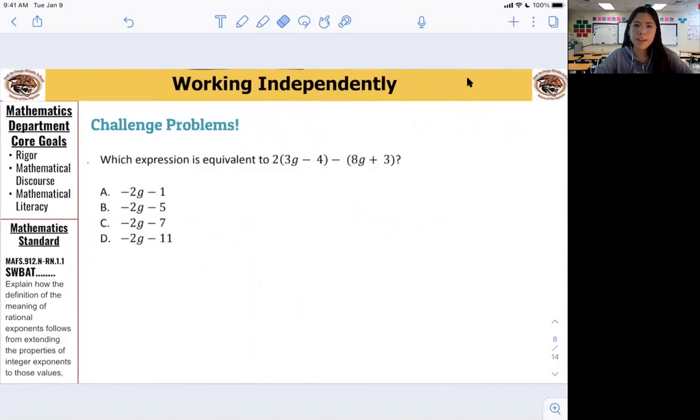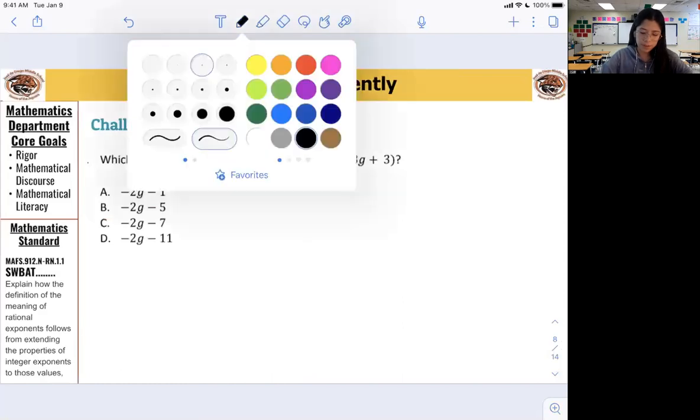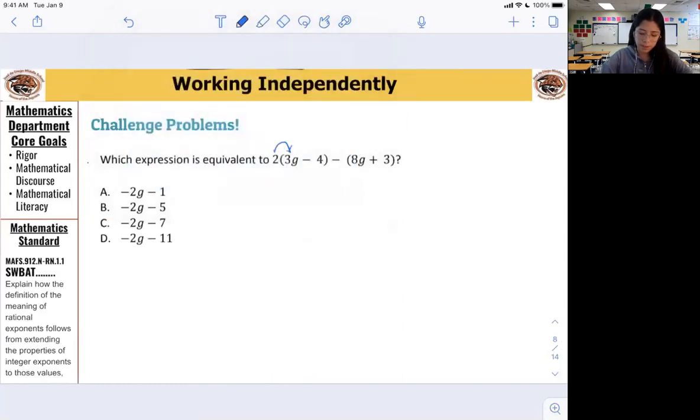Good. I see Daniela says there's a 2 on the outside. There's a 2 out here on the outside. And we know that whenever there's a number on the outside of the parentheses, we're going to have to distribute. So that's not too bad at all.